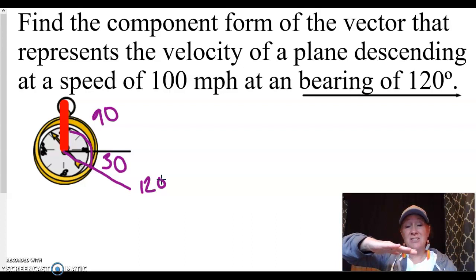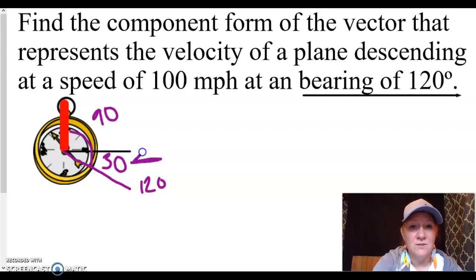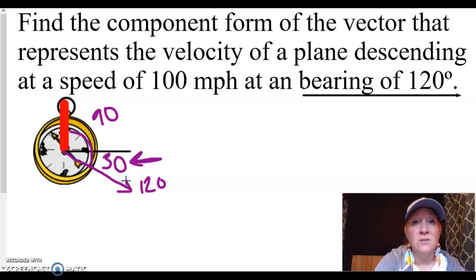So I'm actually going east by southeast, but a little bit south of east. Now this 30 is hugely important. It's 120 from north. However, the number that I'm going to use is going to be 330.